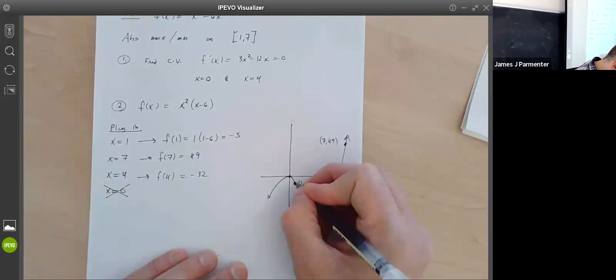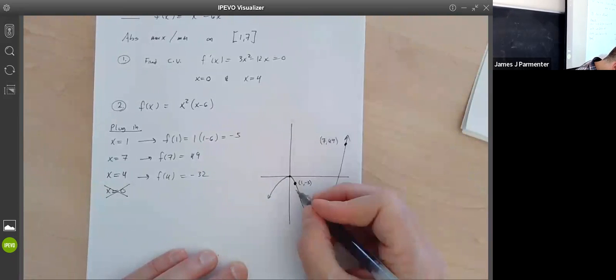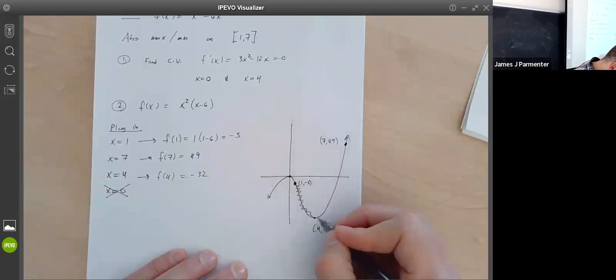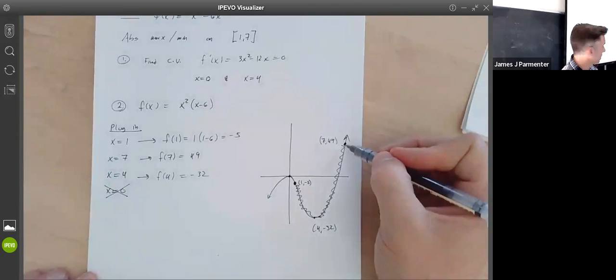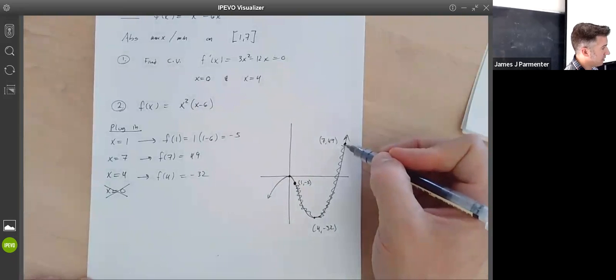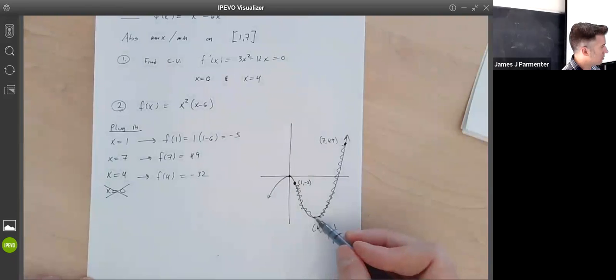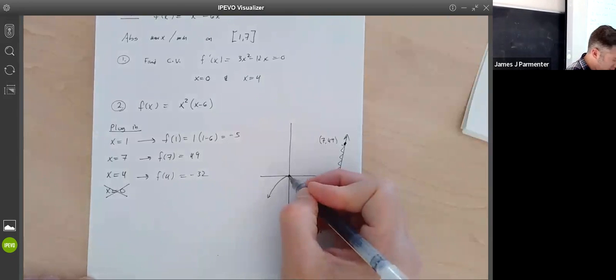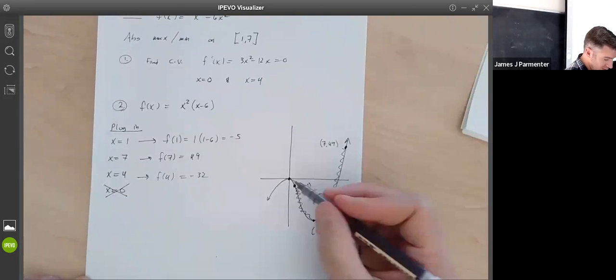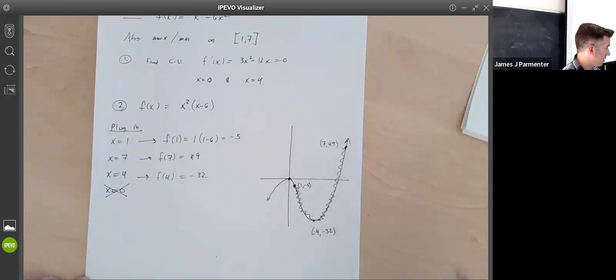So we look just from here to here. Well, there's the absolute maximum value. That is the biggest y value the function attains on that interval. And there is the absolute minimum value. That is the smallest value the function attains on the interval. And we didn't even think about this point here, even though it's a local maximum, because 0 wasn't in the interval that we were being asked about.